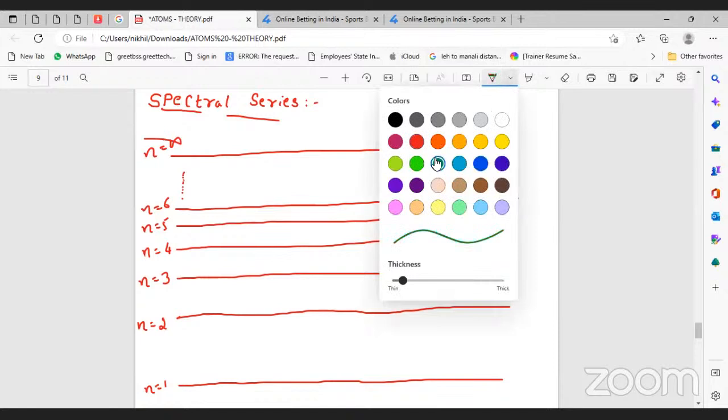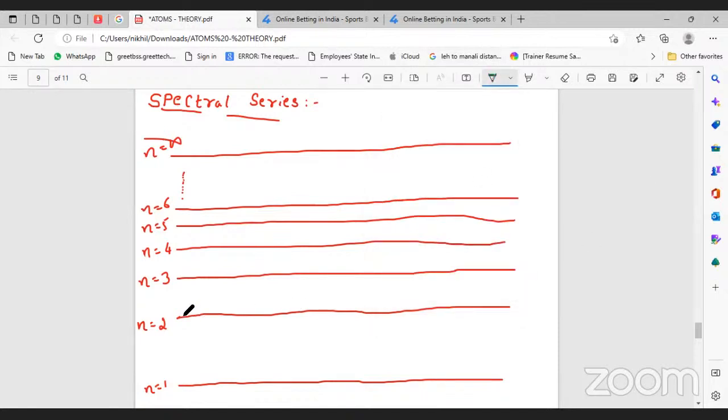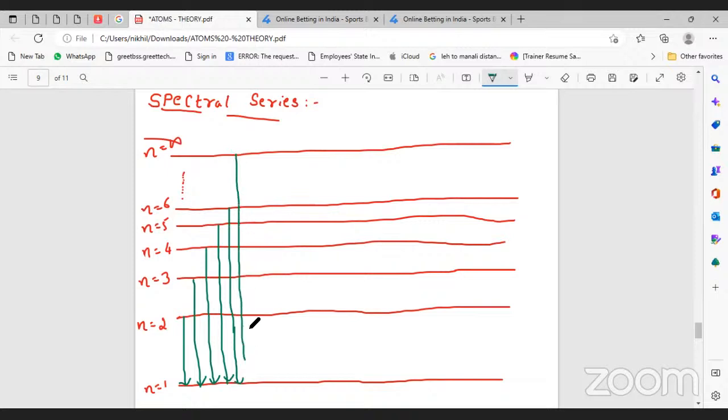Now, you know that an electron can jump from a higher orbit to a lower orbit. If the electron is jumping from the second orbit to the first orbit, or from the third, fourth, fifth or sixth orbit to the first orbit, or from infinity to the first orbit, the electron is coming from any orbit but always to the first orbit only.